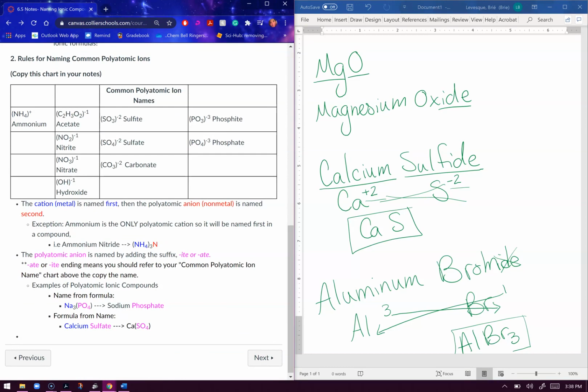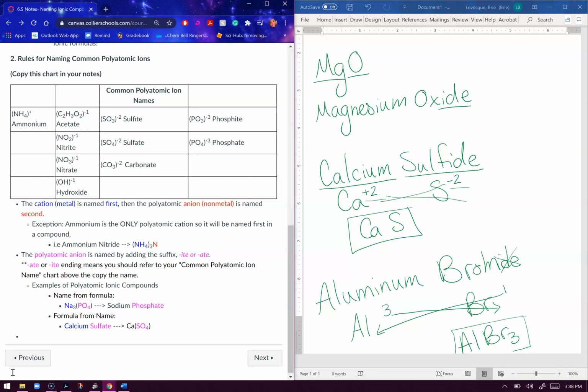Poly instead of binary. Poly means multi, atomic means atom. So polyatomic ions are ions, things with a charge, that have more than one atom. So if you look at our list, every single one of these, NH4, an N and an H, that's 2 atoms, that's more than one.